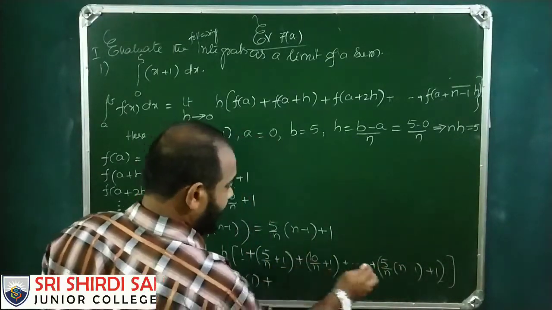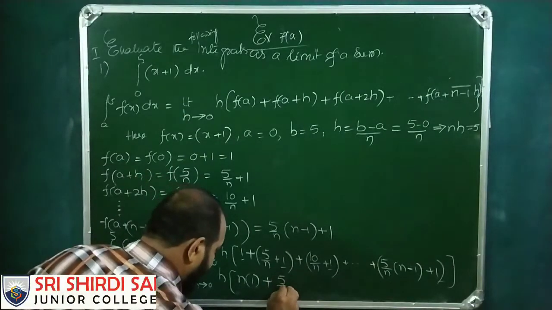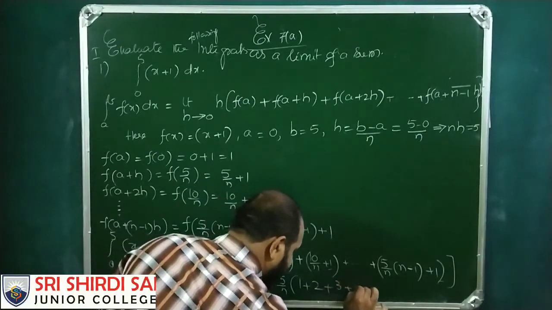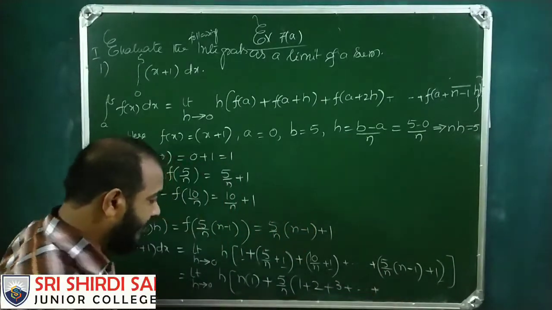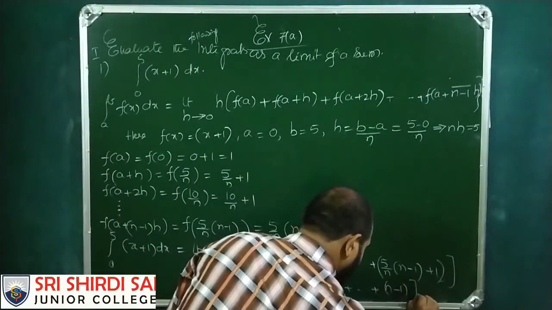Next, if I take 5 by n common, then in this 1, 2, 3, etcetera, up to n minus 1.